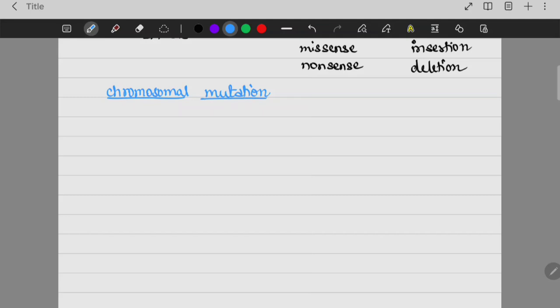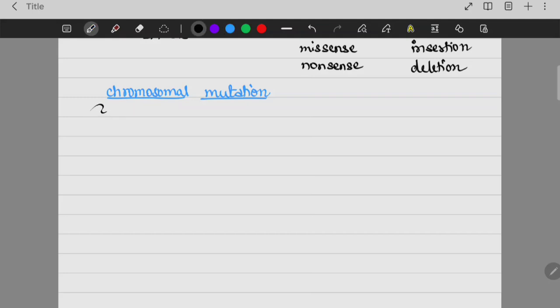In chromosomal mutation, there can be some kind of missing or aberration or addition of extra parts in the chromosome. This can happen during the cell replication process, and the process may form an atypical number of chromosomes or a structural abnormality in one or more chromosomes.